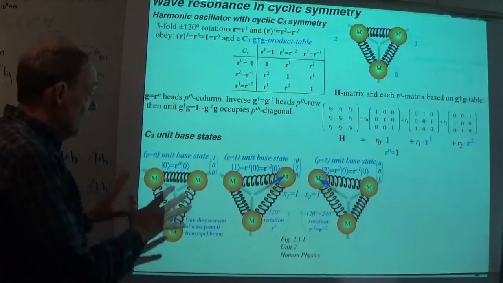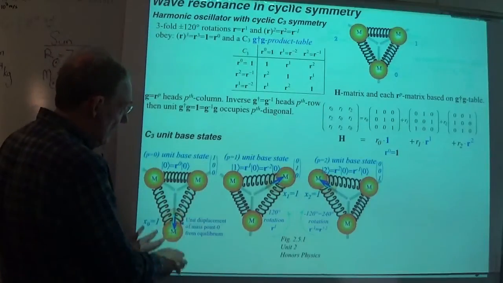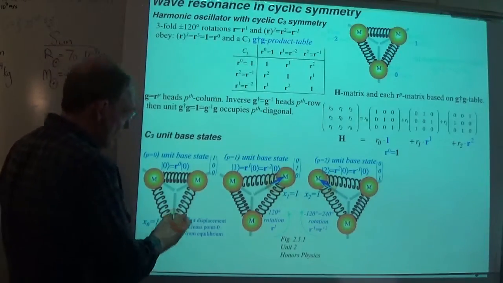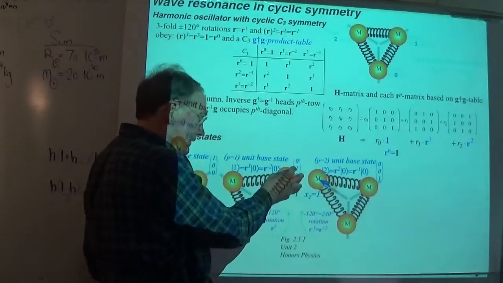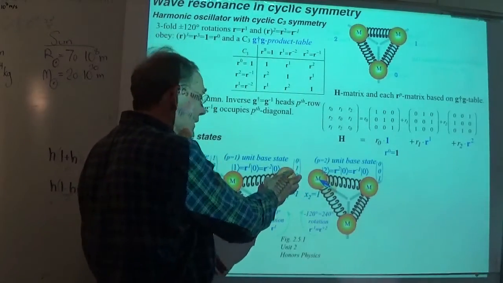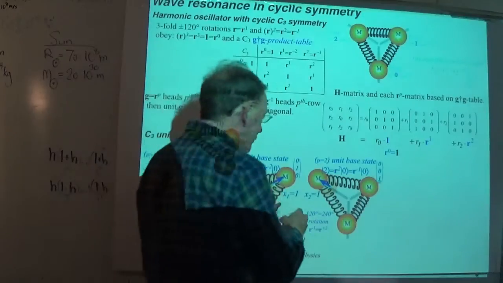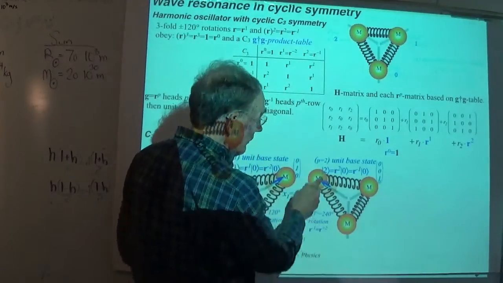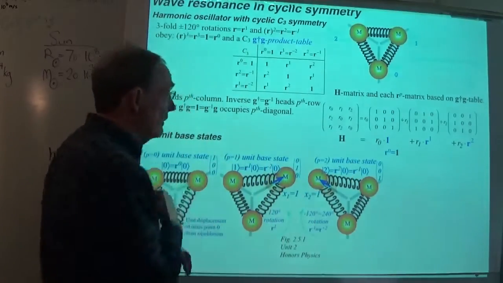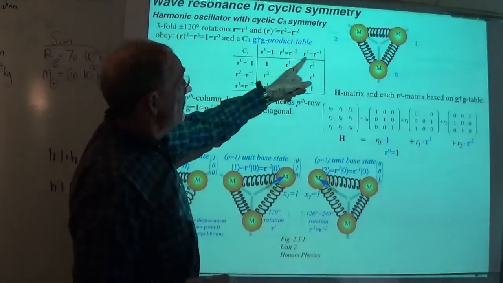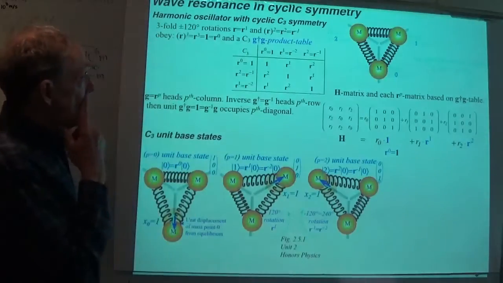Now, by that I mean I leave the mechanics all in the place it is. I put this thing back and then take my activity up to this one, you see. And then I do it again. I put this one back and go over, having taken the activity over to this point. So those are our base states right there, labeled by the elements of this symmetry group.